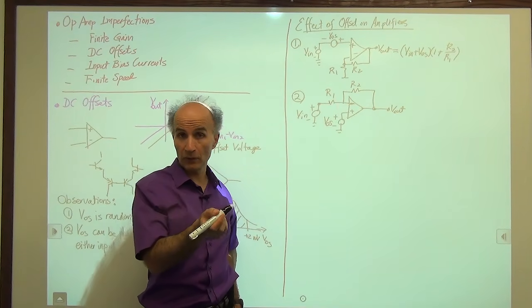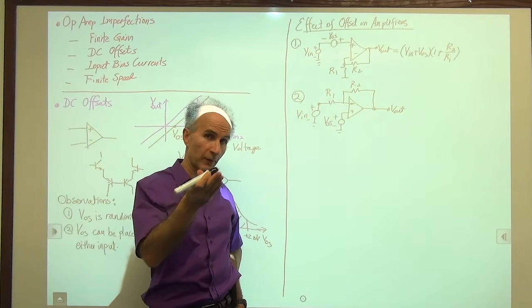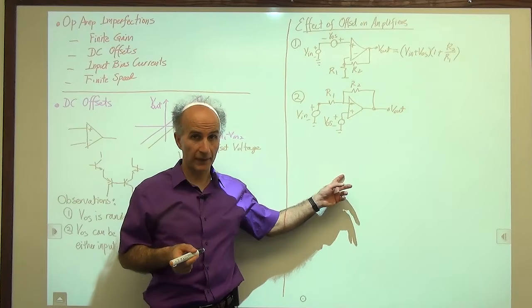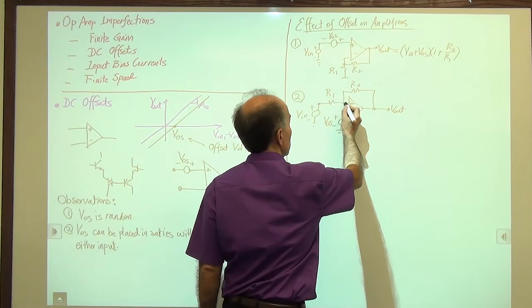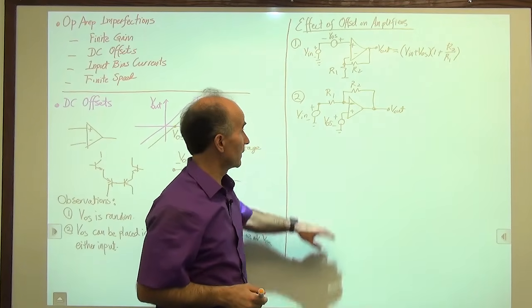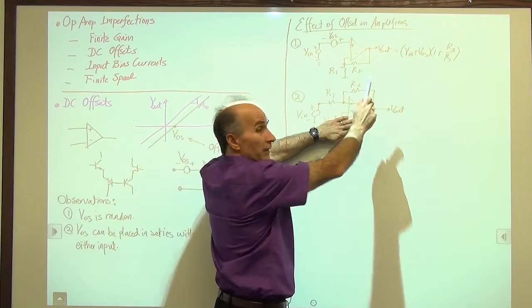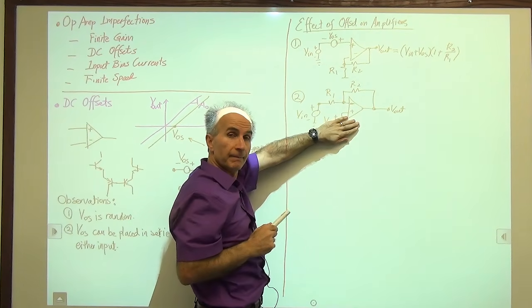Okay, so again, we're looking to the output, trying to see what it contains. It contains an amplified copy of the input, and then it may contain something related to offset as well. How do I do that? Maybe superposition. So we set this to 0, and we say V out is equal to approximately minus R2 over R1 times V in.